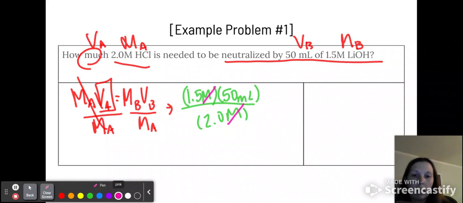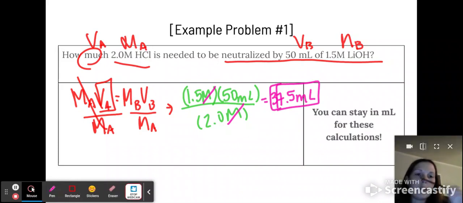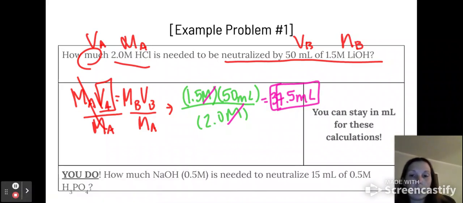So it looks like to neutralize, we would need 37.5 milliliters. Okay. And it should be easy enough because you don't have to do any transformations here, because you can stay in milliliters for these calculations. So now it's your turn to go ahead and try this example. Pause the video and you can try that.